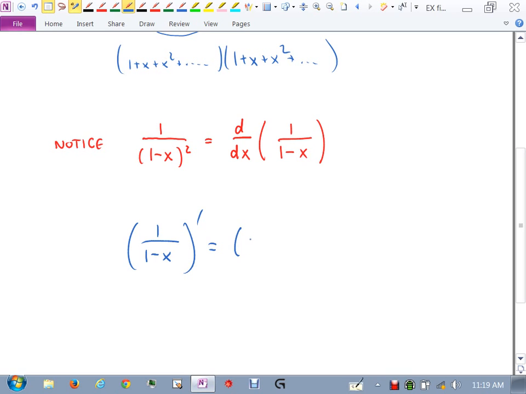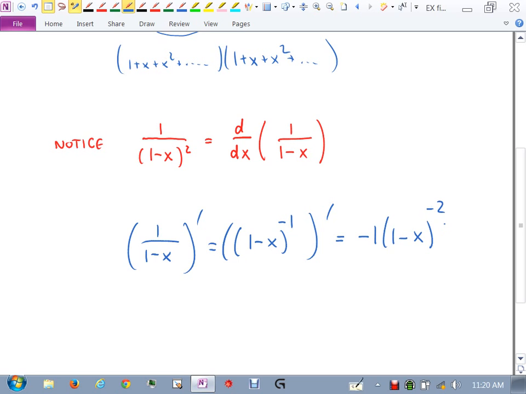Well, that's the same as taking the derivative of (1 minus x) to the negative 1, isn't it? I mean, if you have 1 over 1 minus x, you can bring the 1 minus x up as the whole thing to the negative 1 power, and then take the derivative. So for the derivative here, you bring the negative 1 out front, right? Then you raise the whole thing to the what?